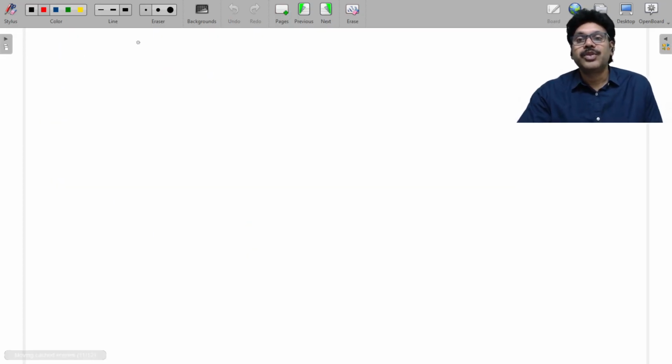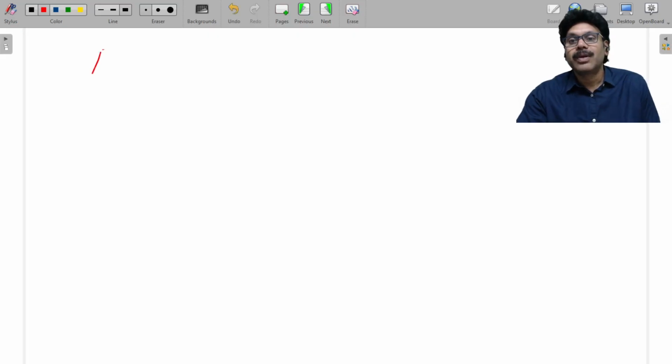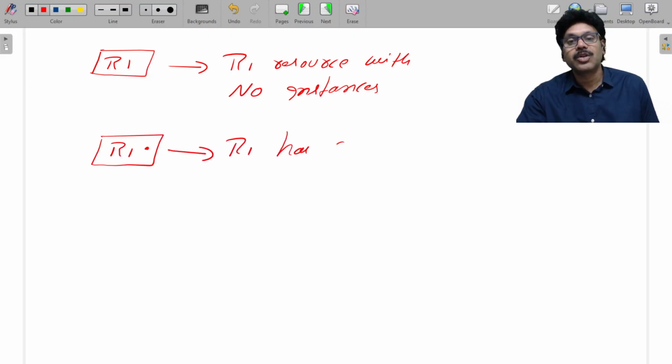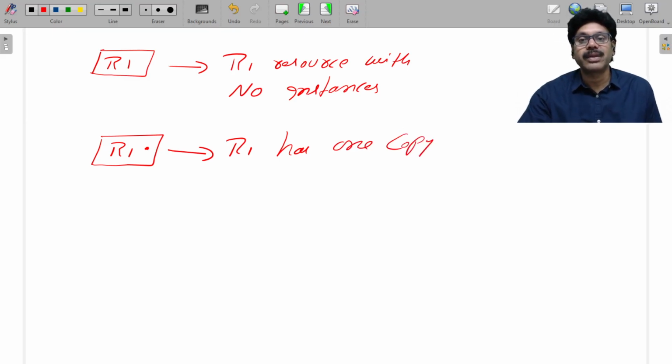So let us see a few examples. If I am writing like this, R1, which indicates that it is an R1 resource with how many instances? With 0 instances because no copies are available. If I am saying that there is an R1 with one dot, which indicates that R1 has one copy that I can assign to some other process, whoever is requesting.